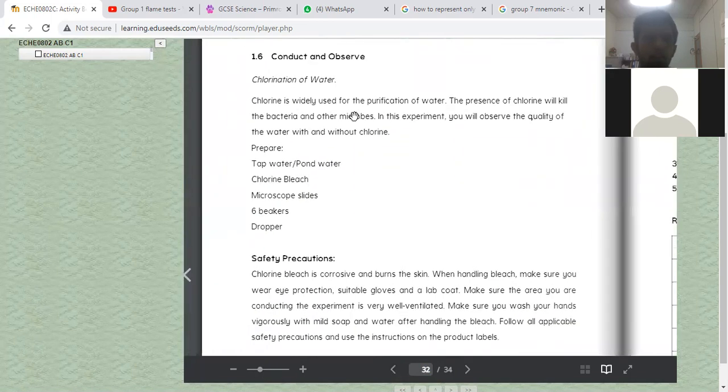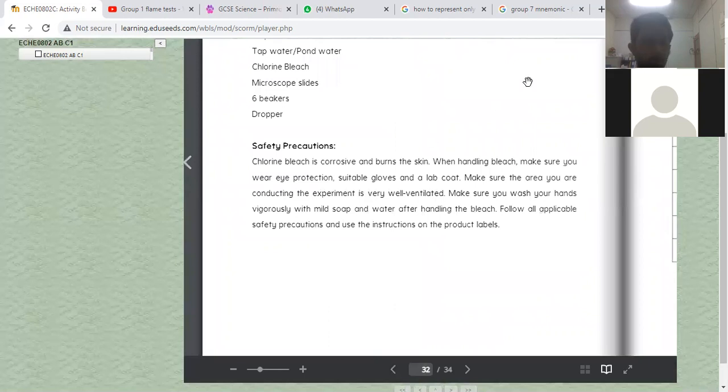Okay, so chlorination of water. Chlorine is widely used for the purification of water. The presence of chlorine will kill bacteria and other microbes. In this experiment, you will observe the water quality with and without chlorine. So what you have to do is you need to have some pond water, chlorine, and 6 beakers.